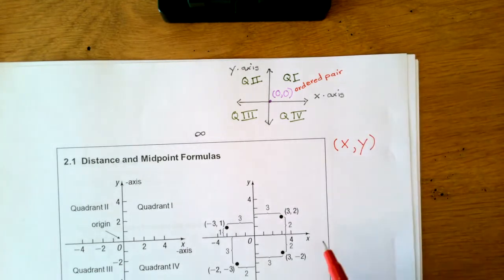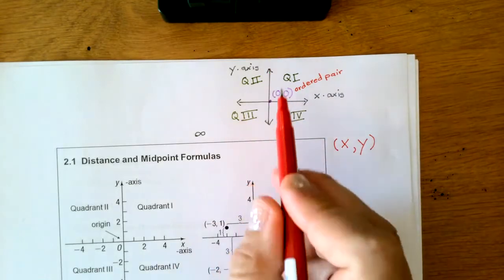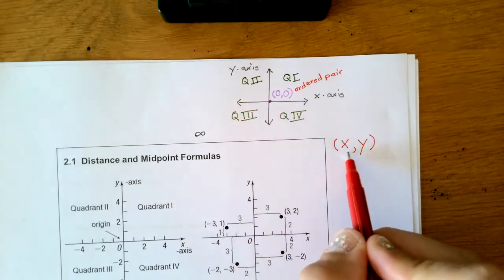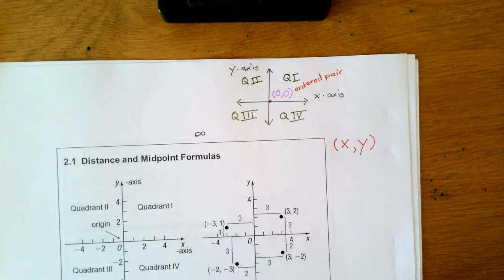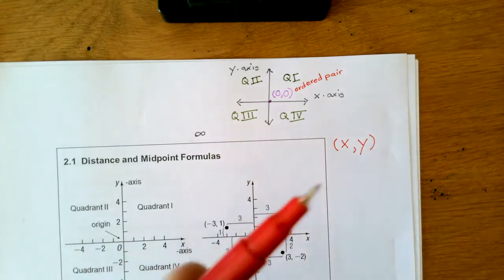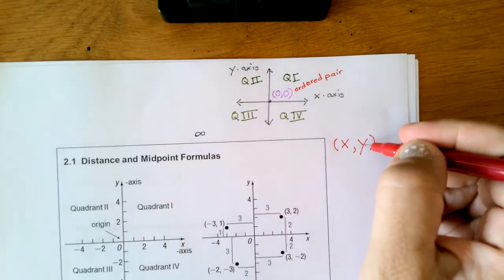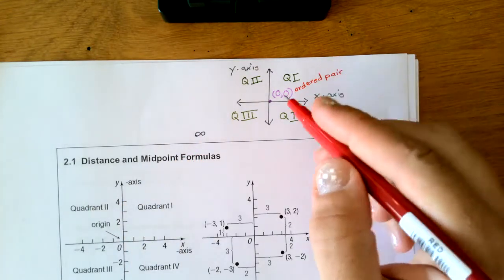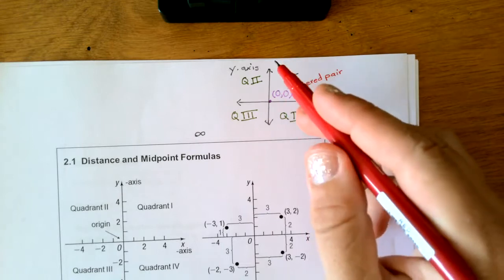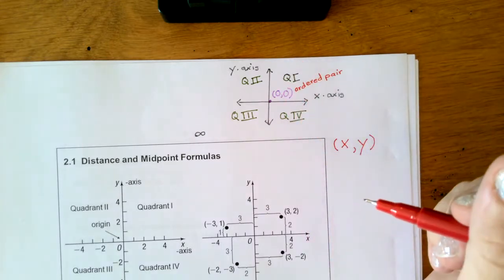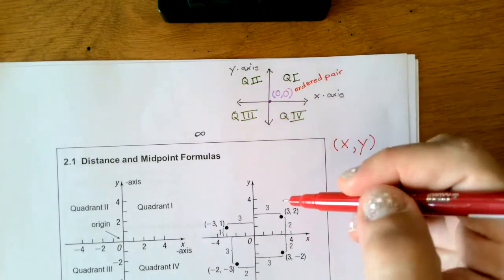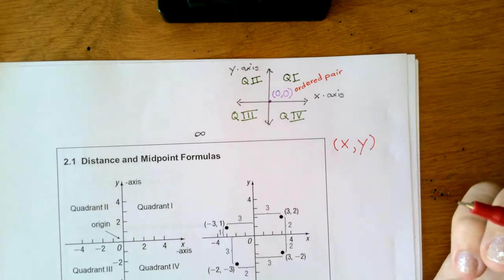Okay, so just like you have an x-axis and a y-axis, the x number tells you where this point is according to this number line. The y, the second number, will tell you where it is on the plane according to the y-axis. Okay?